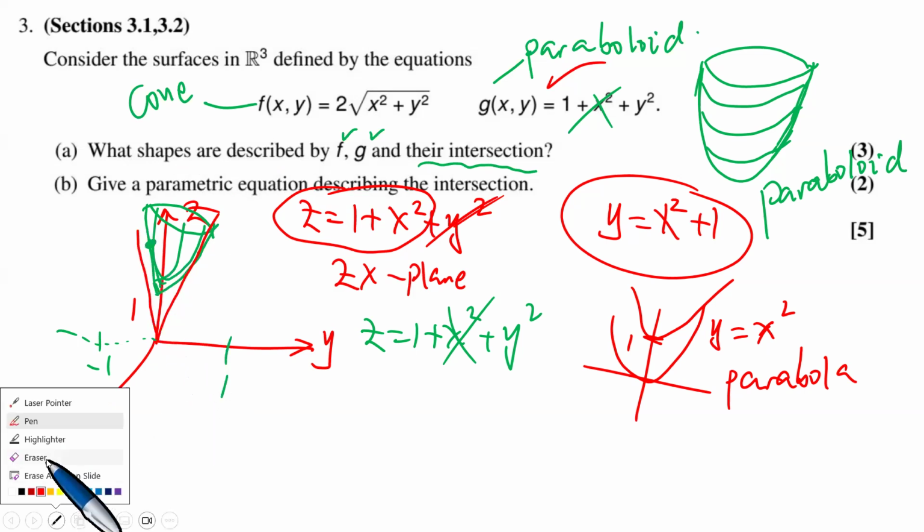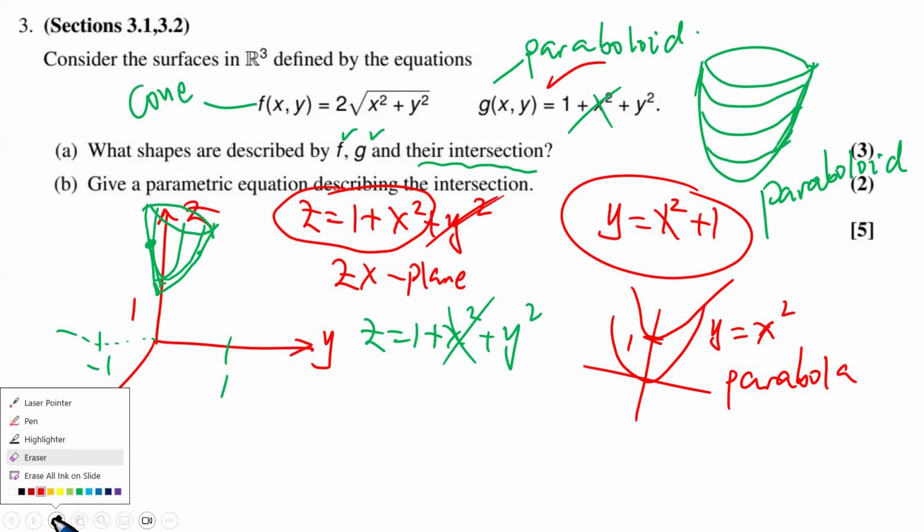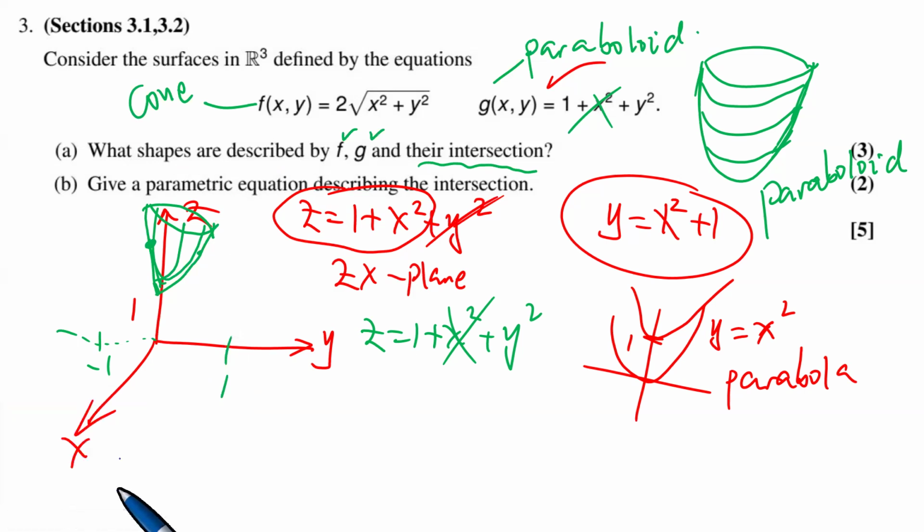Remember the cone we drew before, it is sitting at the origin, but this paraboloid starts at 1. The cone sits at the origin, and because of that, we have the following.